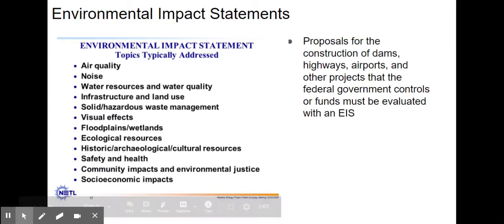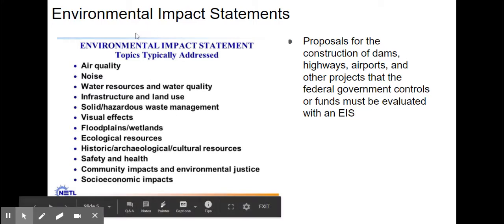Environmental impact statements: proposals for the construction of dams, highways, airports, and other projects that the federal government controls or funds must be evaluated with an environmental impact statement, or EIS.